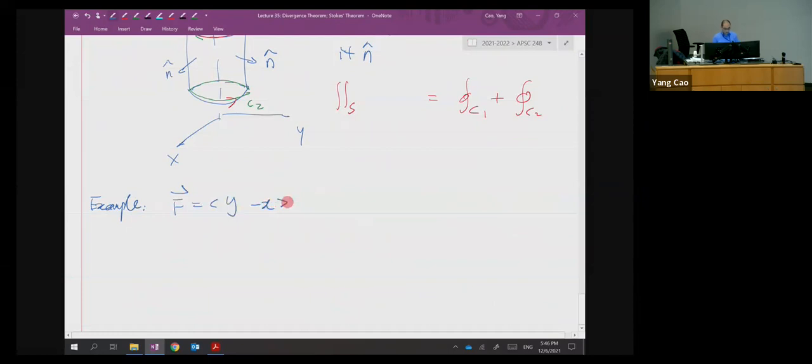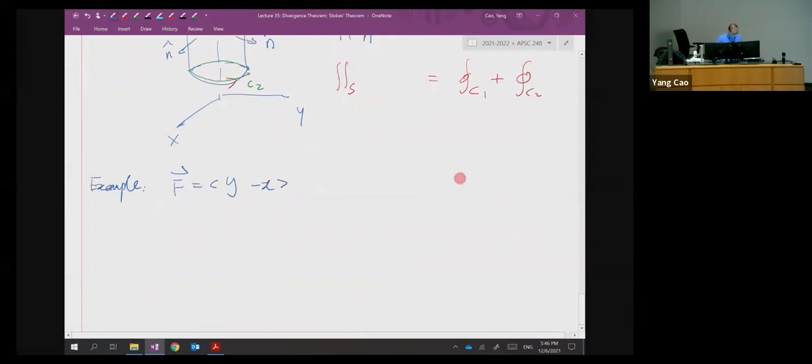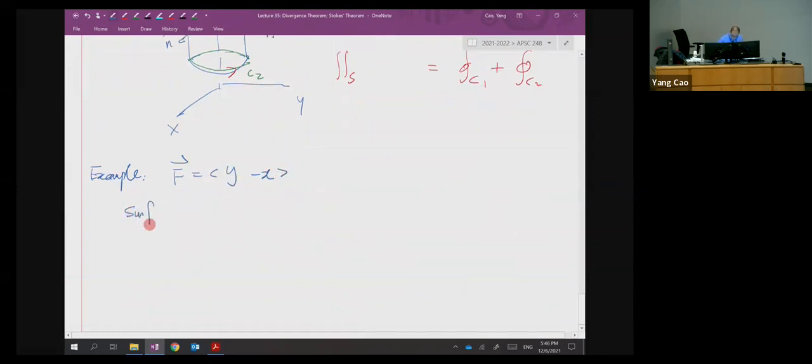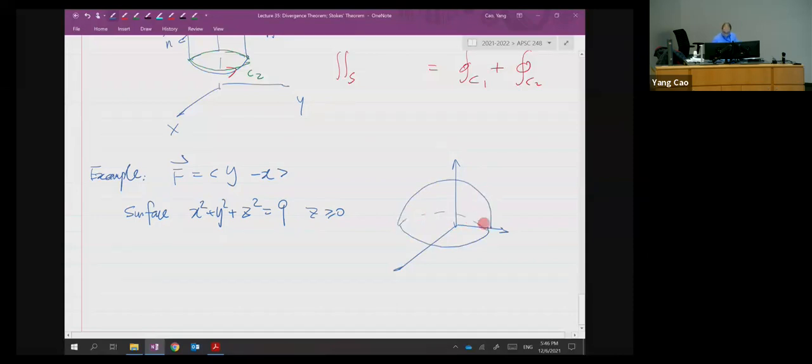So f equal to y, negative x. The surface is this, and z is more than 0. So basically half a spherical surface.